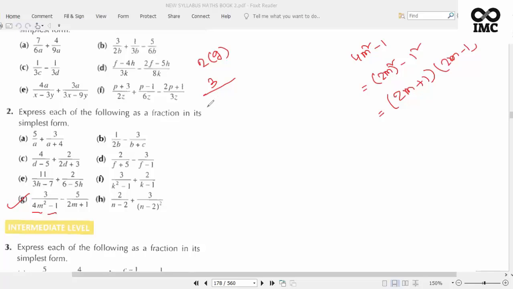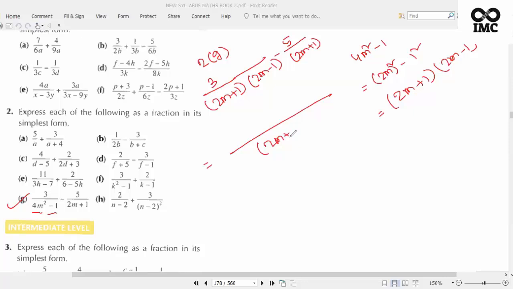Okay, so 3 divided by 2m plus 1 into 2m minus 1, minus 5 divided by 2m plus 1. So here the LCM of this one and this one will be 2m plus 1 into 2m minus 1.